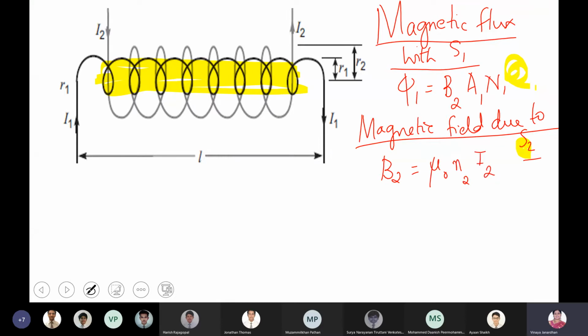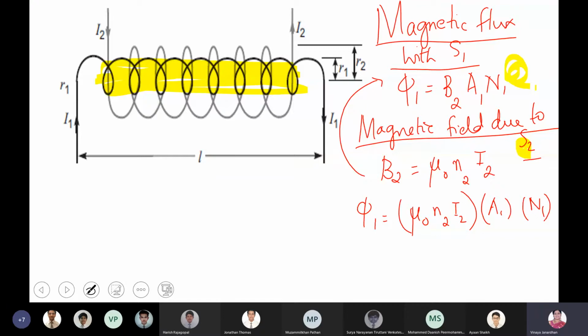Right, boys? So substituting that over here, phi1 becomes equal to mu naught n2 I2 into A1, substituting for B2, into N1.